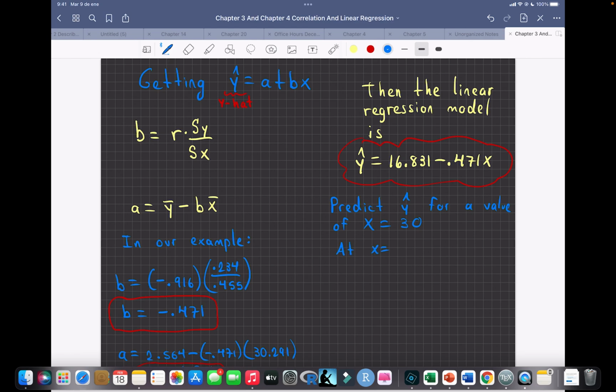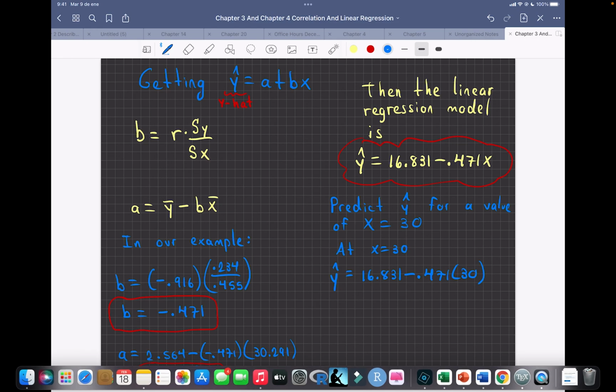At x equal to 30, y hat is equal to 16.831 minus 0.471 times 30. See that? And I got 2.701.